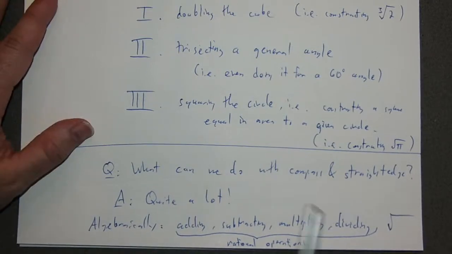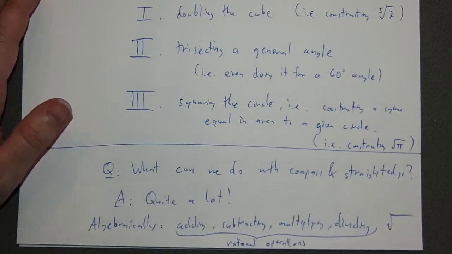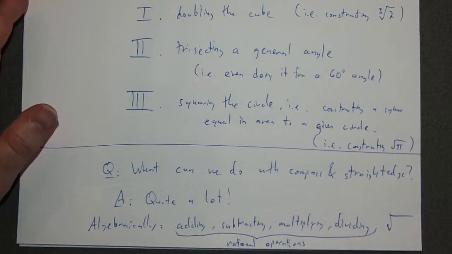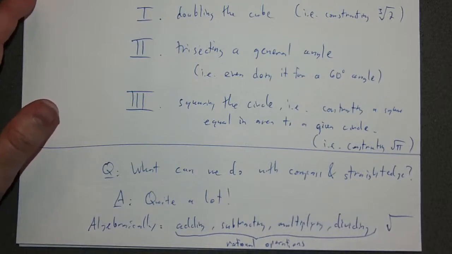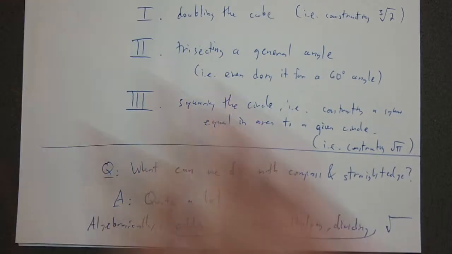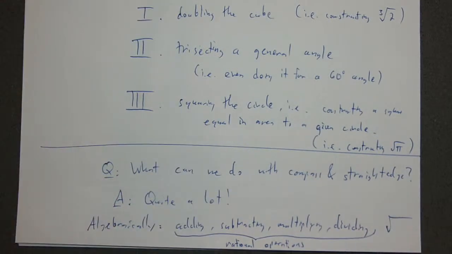Okay, so you have any rational number you want. And then you have square roots of rational numbers. Okay, and we'll see how you have that. I'll have to wait till next time to show you how that works. So you have the square roots of rational numbers. Okay, so being irrational is not the problem.